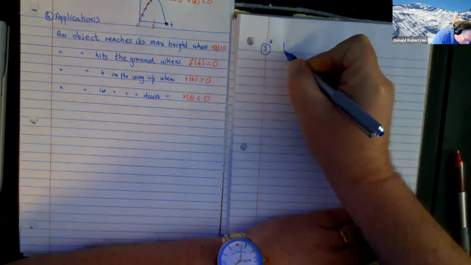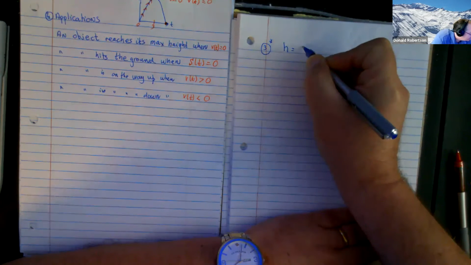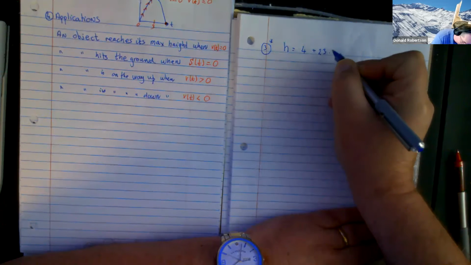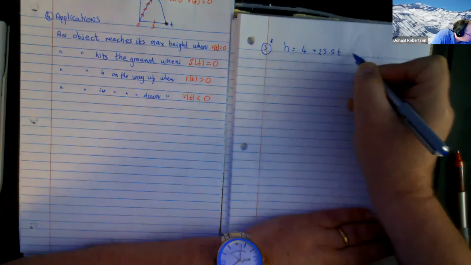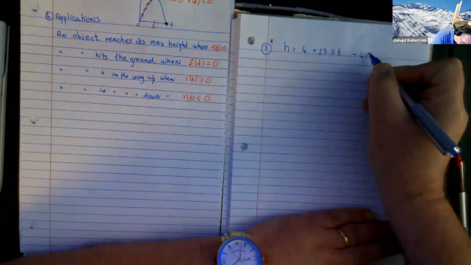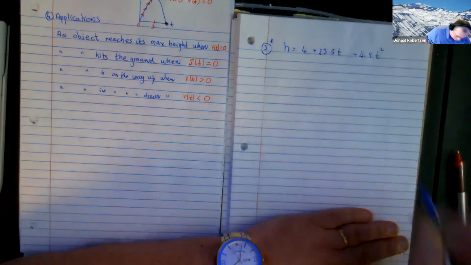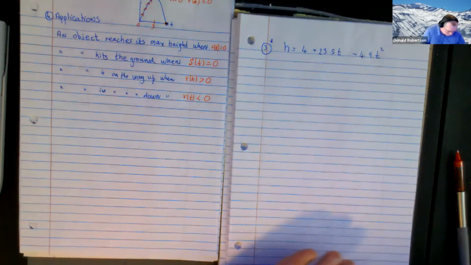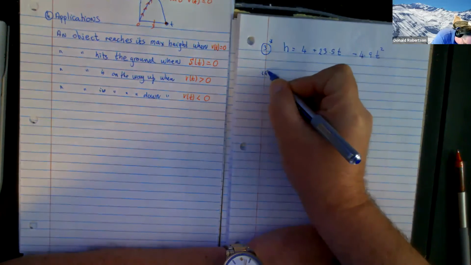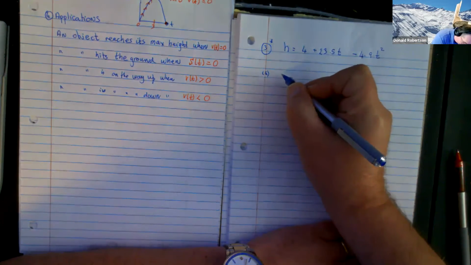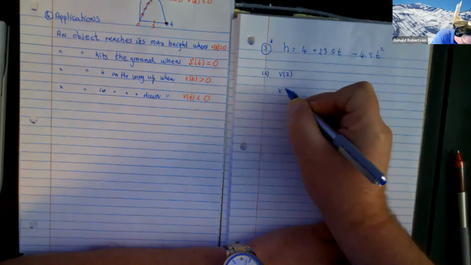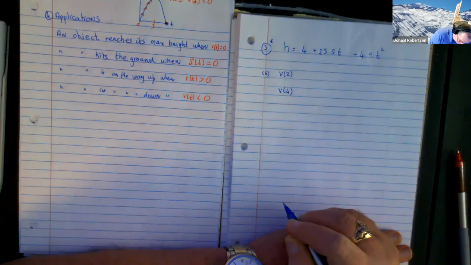So in this case, you're told the height of an object, and it's given by a rather ugly combination of numbers, which is kind of what happens if you do real engineering. It's given by that. And the first question is asking us to find what the velocity at the 2-second mark is and what the velocity at the 4-second mark is.